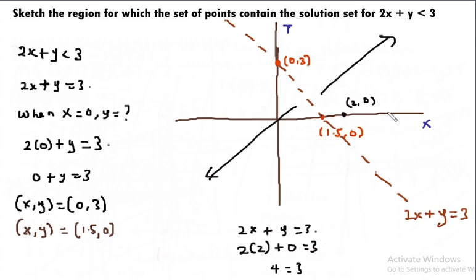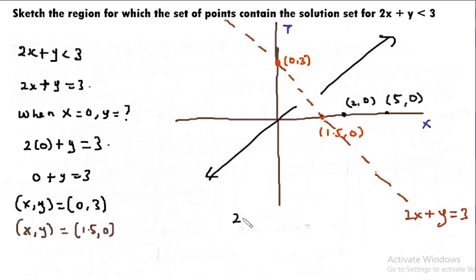So let's say I pick another point here and this point is 5, 0. If I resolve the equation, the equation is 2x plus y is equal to 3. So this will be 2 open bracket 5 plus 0 is equal to 3. So this is 10 is equal to 3. This is not equal to.